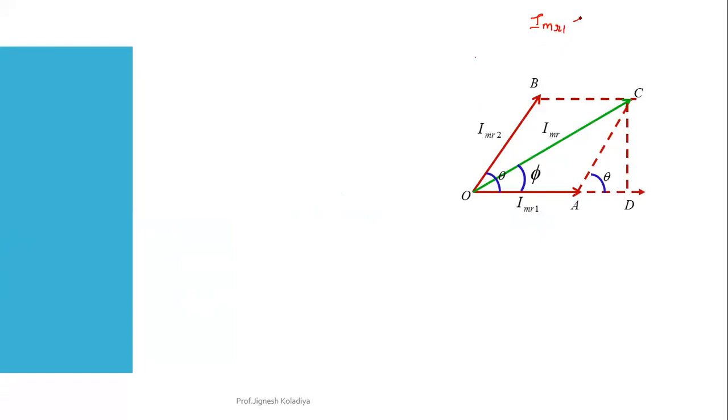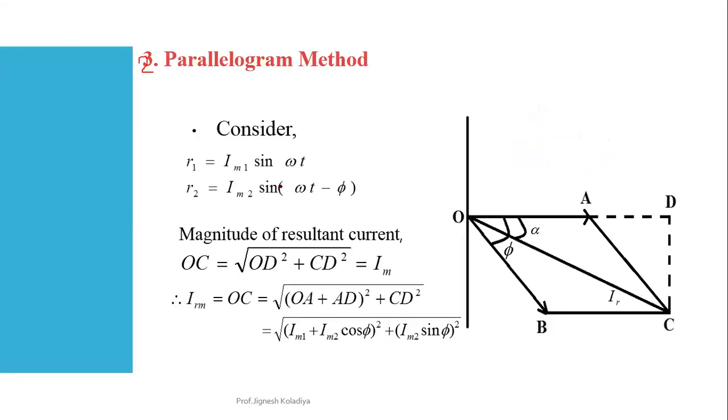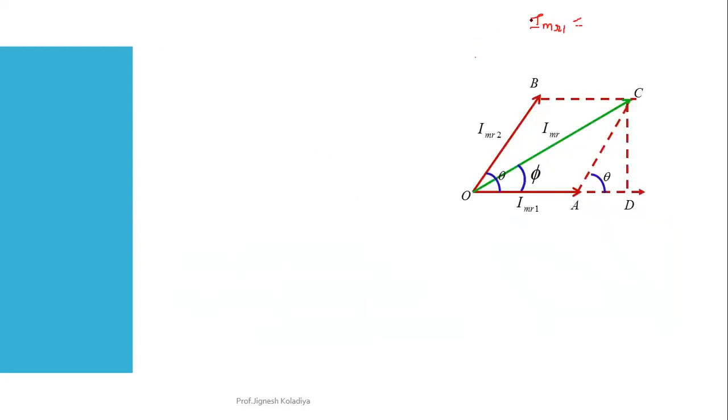IMR1 is equal to, what we can write, IM1 sine omega t, like this.